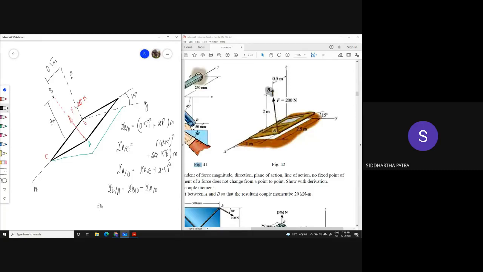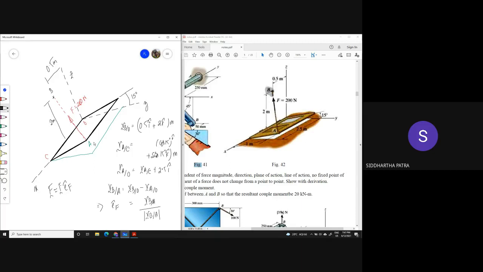And that would eventually give me the unit vector along the force. And the force vector is the magnitude of the force times the unit vector.